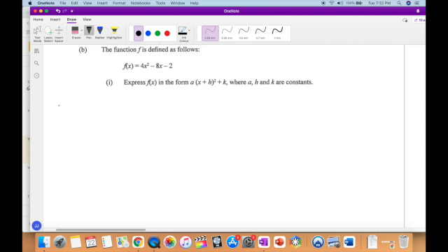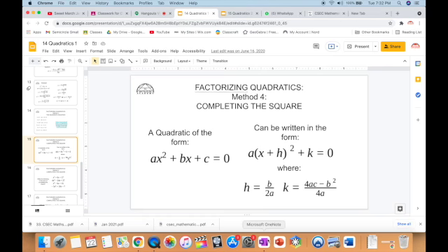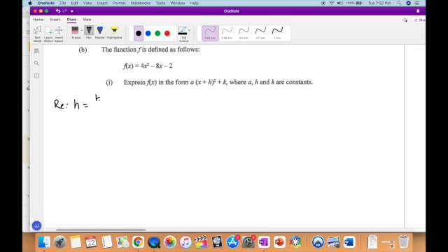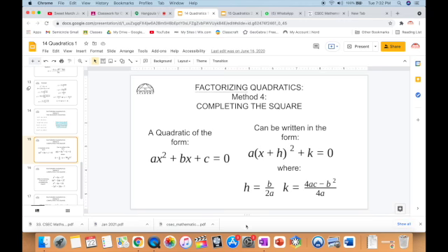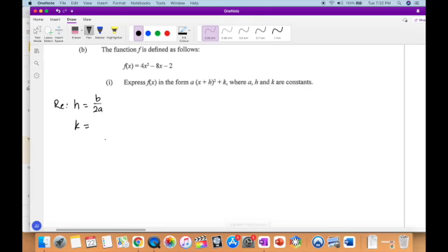The first formula is h, recall, and I'll do it one time. I'll write it as part of the solution. Recall h is equal to b over 2a, and k is equal to 4ac minus b squared all over 4a.